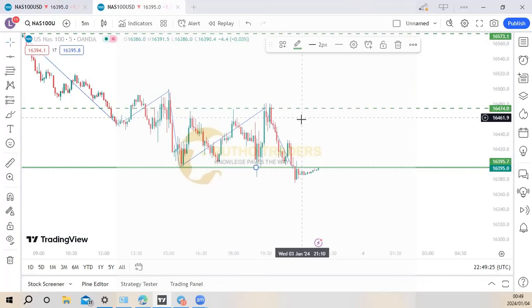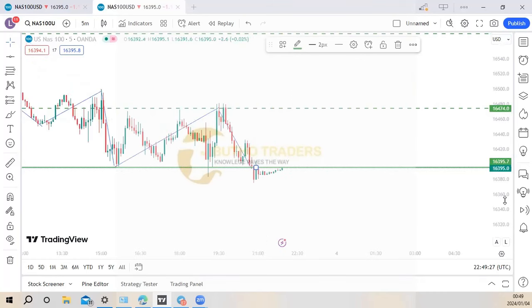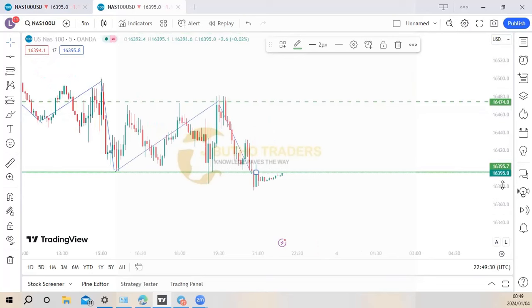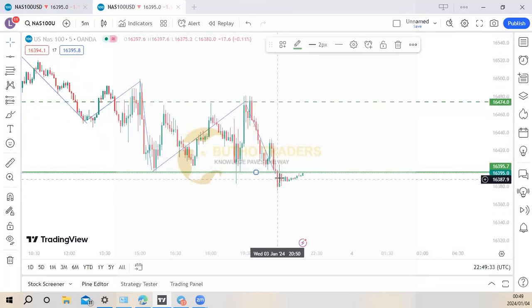Before the market shoots up, guys, it does what it did here. As you can see, before it shoots up, we are expecting that after here, we're taking our buys every time. But remember, we have this liquidity here, so it would want to clear that liquidity before it goes up.